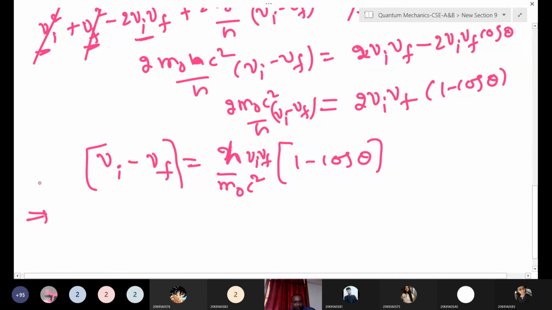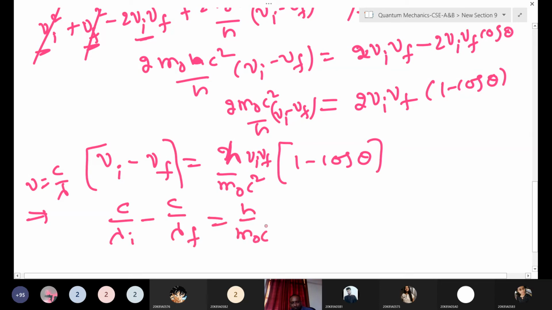Okay, but this is an expression in terms of frequency change, or you can convert into wavelength, that is nu is equal to c by lambda. Here I am rewriting this expression: c by lambda I, c by lambda f, h by m naught c square, and 1 minus cos theta.